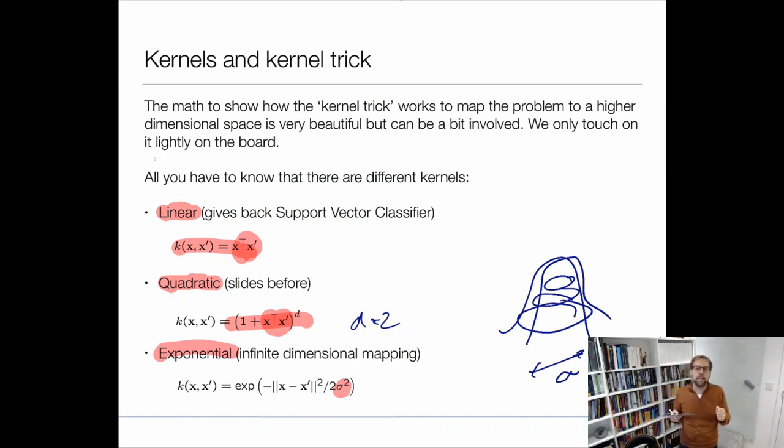So sigma is again something I have to tune using hyperparameter optimization with the bias variance trade-off, but you can already see that sigma being larger means less flexibility, because everything is more reaching out, more connected to each other, whereas sigma being smaller corresponds to a more flexible model.